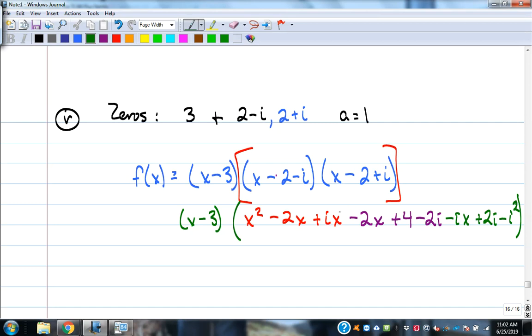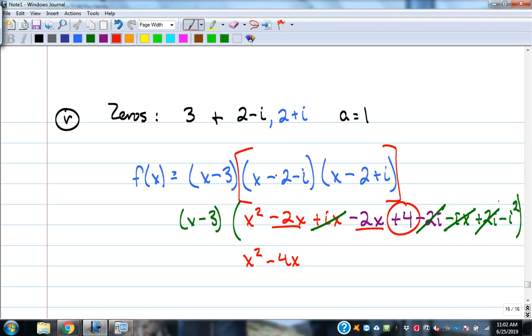You got a positive ix and a negative ix. They cancel each other out. We got a negative 2i and a positive 2i. They cancel each other out. And then that leaves just a few things left. Those two go together. So that'd be negative 4x.